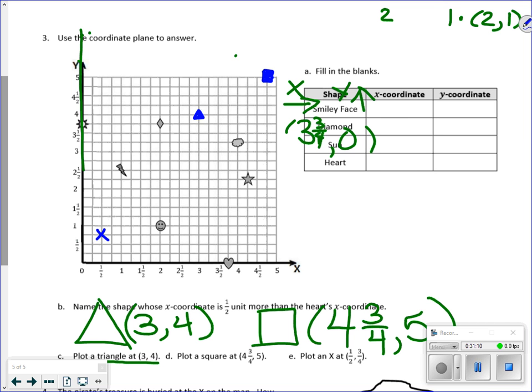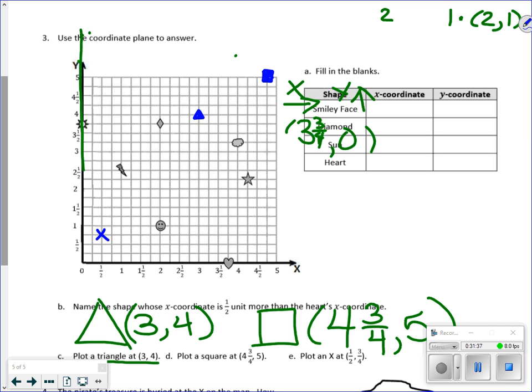I saw X's over here. It's 1/2. 1/2 is right there. 3/4 is right there. 3/4 is not even more than 1. Over 1/2, up 3/4. Right there. So your triangle's there, your square's there, your X is there.